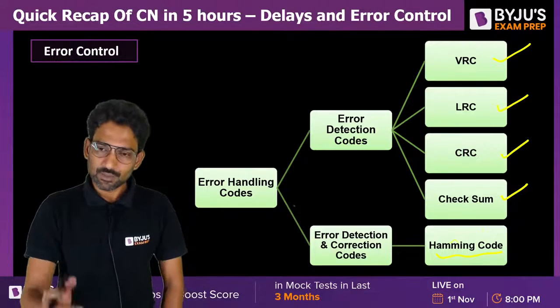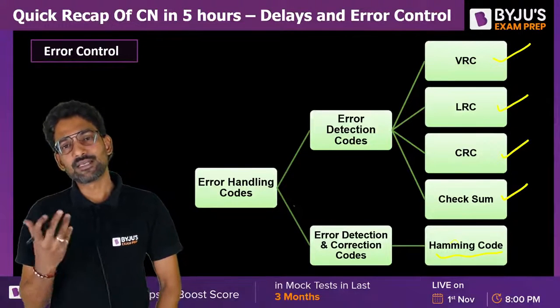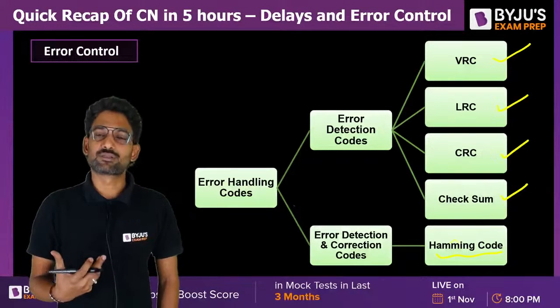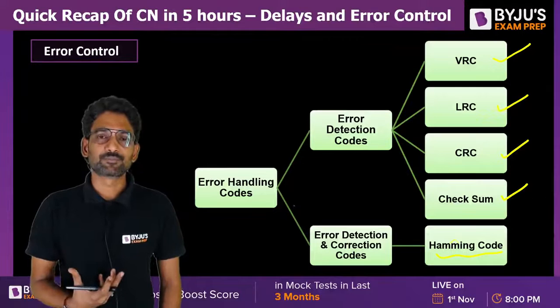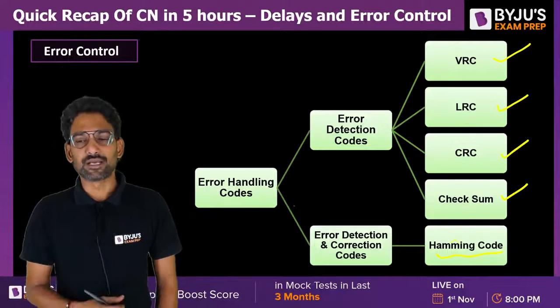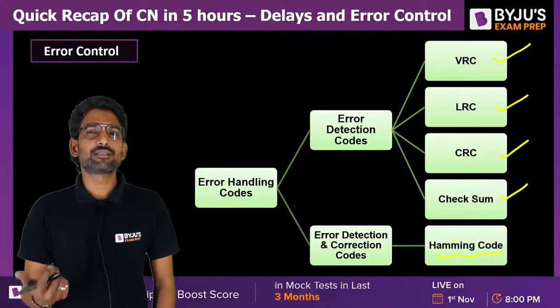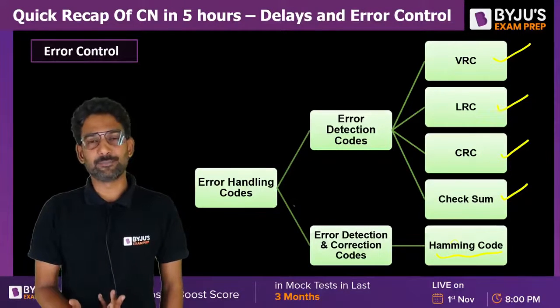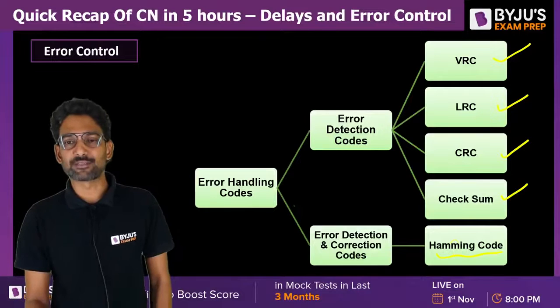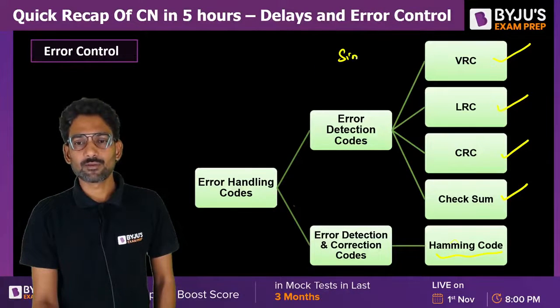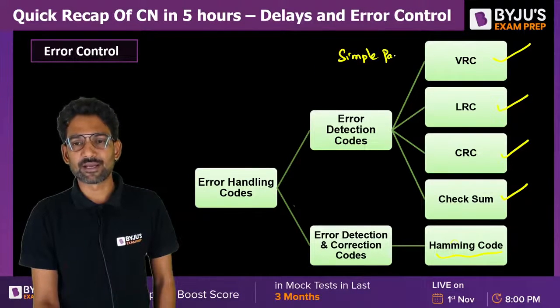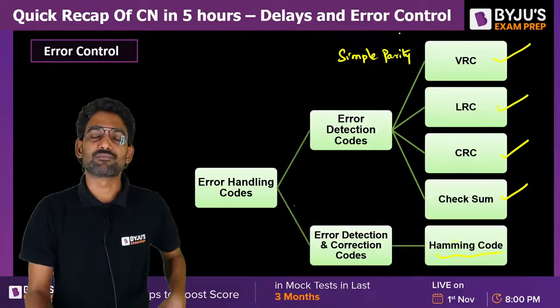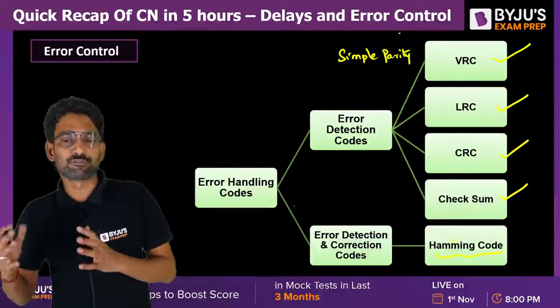Among these, CRC and Hamming code are very important for our GATE exam. VRC is like parity, guys. Vertical redundancy check is a simple parity mechanism, where you can have even parity or odd parity, meaning making the number of ones even or odd.